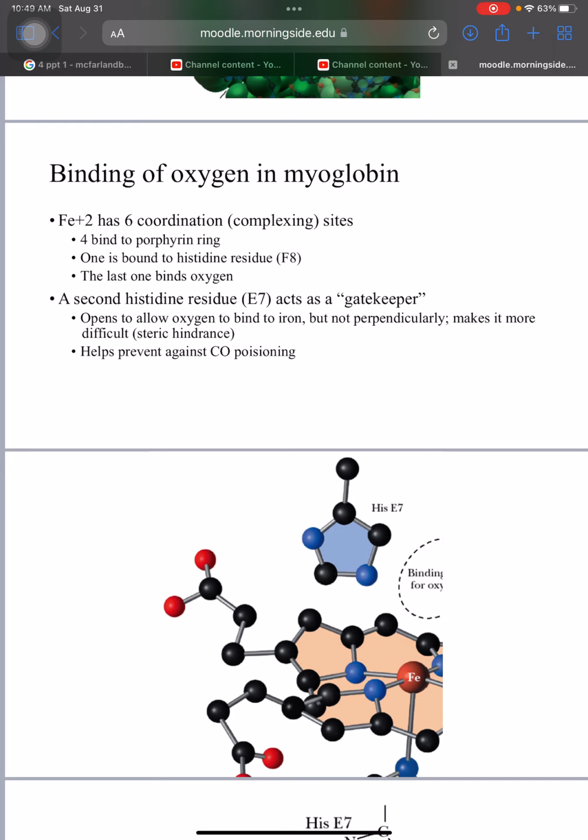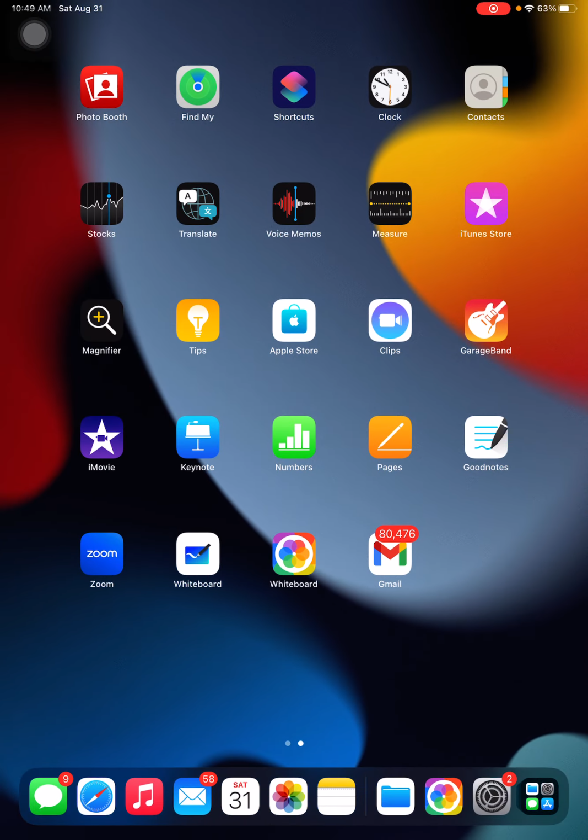The reason carbon monoxide is so dangerous, in addition to its lack of detectability, is that heme freaking loves carbon monoxide. Much more so than oxygen, in fact.